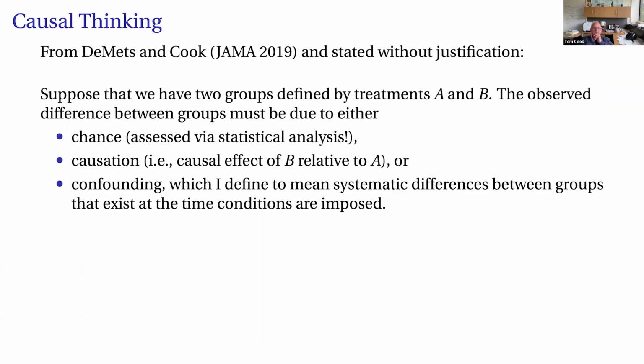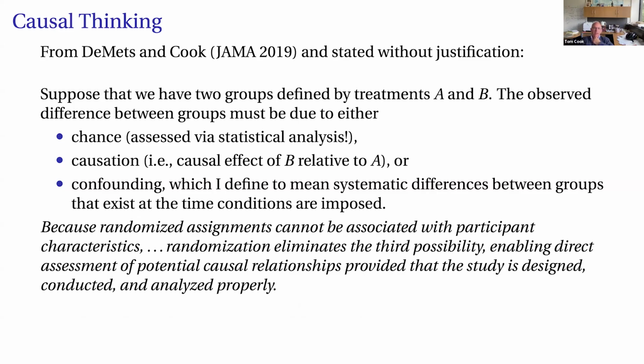So Dave Demetz and I back, what is this now, 7 years ago, because we actually wrote the paper in 2018, we claim without justification that if we have two groups defined by treatments A and B, and we see a difference between these groups, that difference must either be caused by chance, that is, and that we can assess via statistical analysis, or it's causal, that is, B has a causal effect on the outcome relative to A, or it's due to confounding, which I define to mean systematic differences between groups that exist at the time the conditions are imposed.